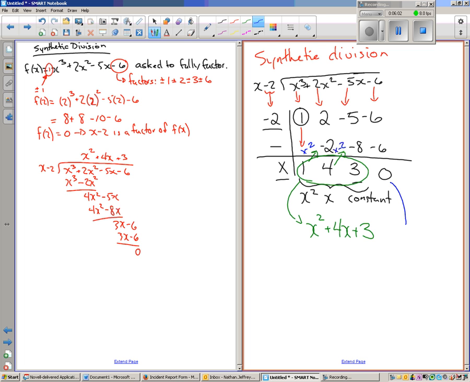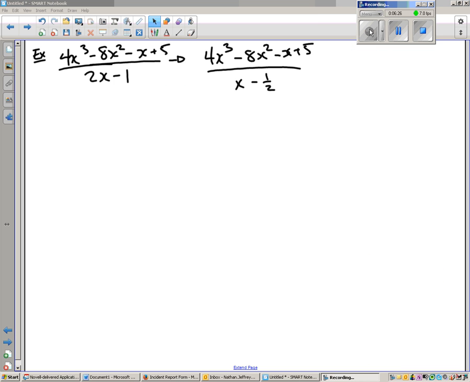This is your remainder of 0. Okay. So we can get the polynomial x cubed plus 2x squared minus 5x minus 6 equals x minus 2 times x squared plus 4x plus 3.